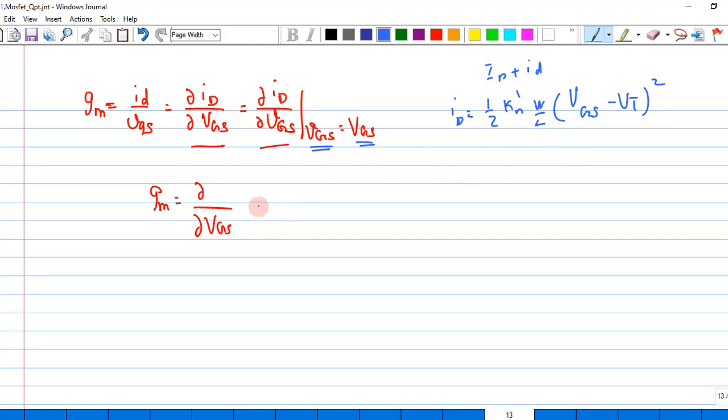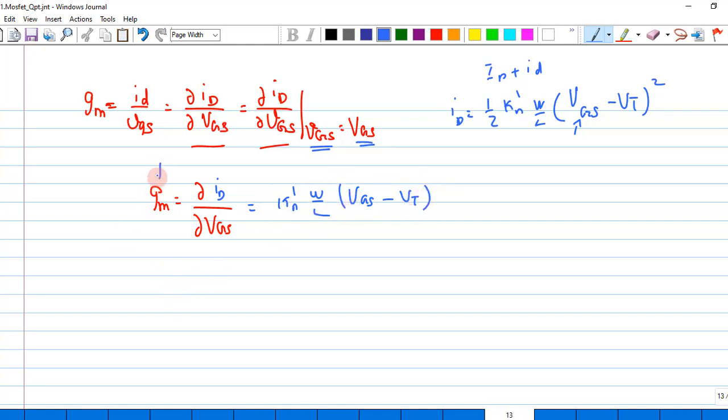So when I take the derivative of this ID, what is the term that I would end up having? The square term, because this is my capital VGS that I have. So x squared is nothing but, when you differentiate it, 2x will come, right? So what is the term that you would end up having? Yeah, Kn dash W by L, capital VGS minus VT.